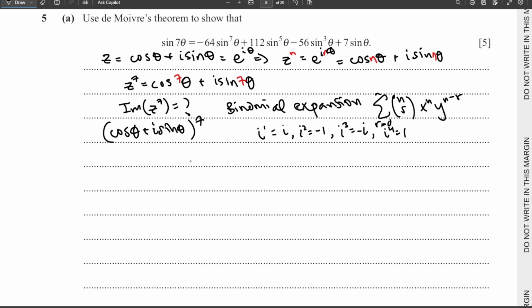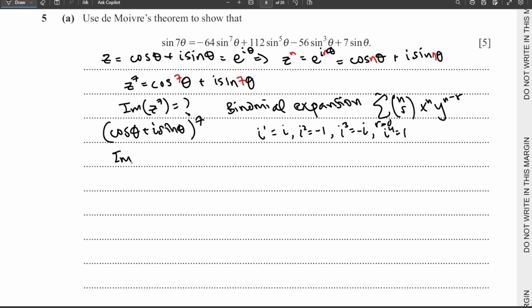Those odd powers keep the imaginary unit instead of becoming part of the real part. So we're only going to consider the odd expansion terms.